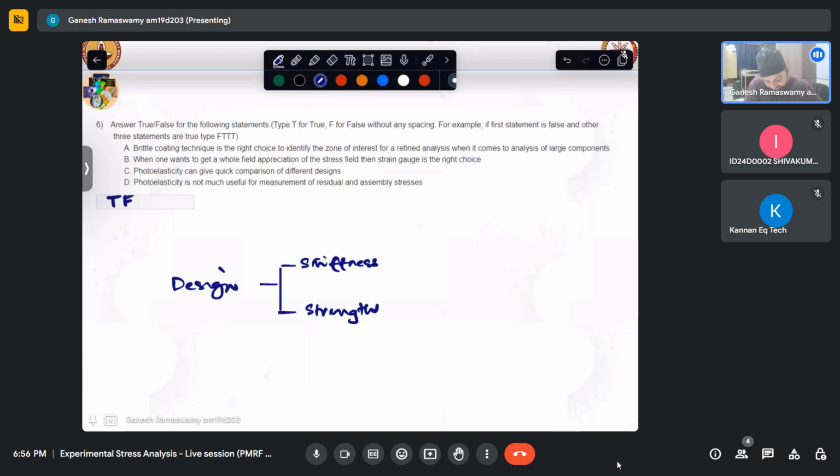Photoelasticity can give quick comparisons for different designs. Why this is so? Because for one, the fringes are very sensitive. Secondly, it is a whole field technique.